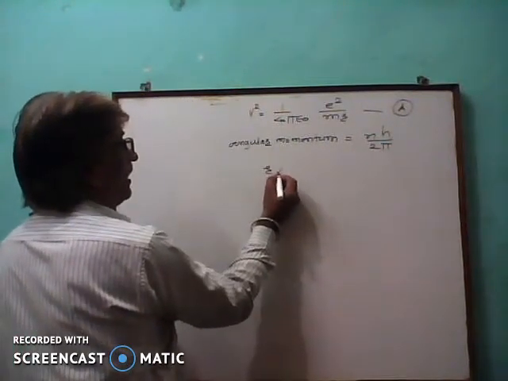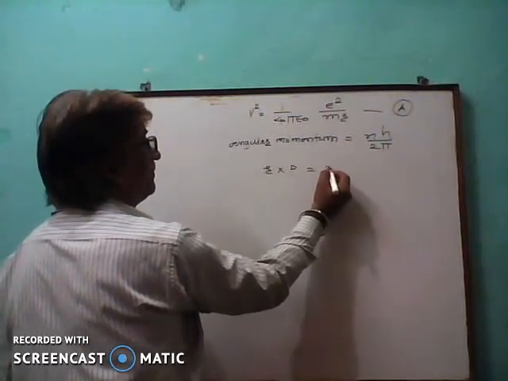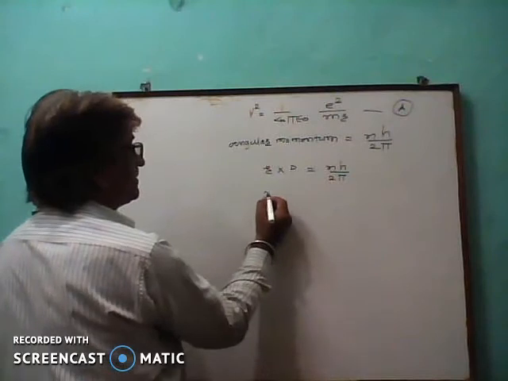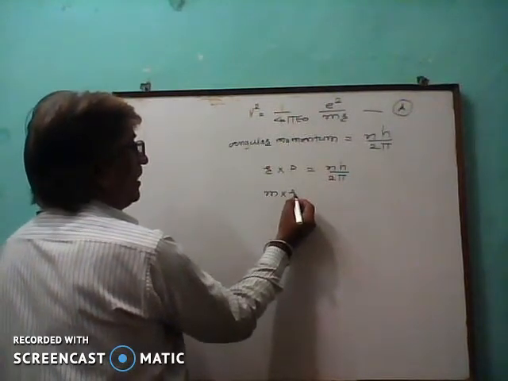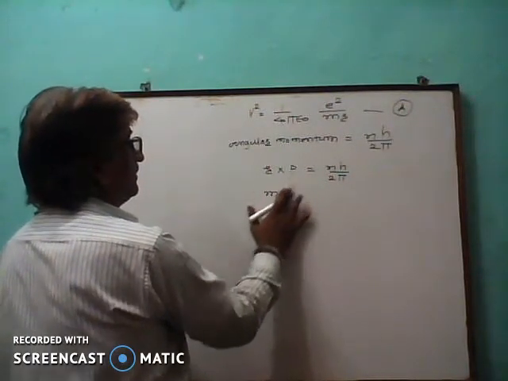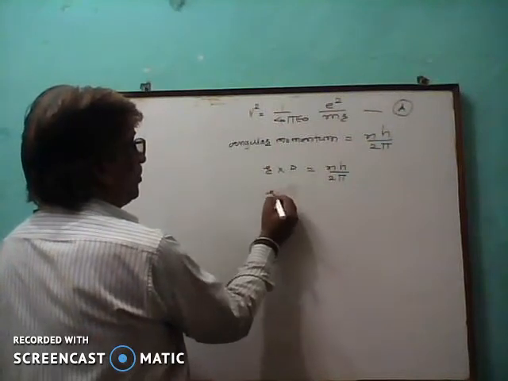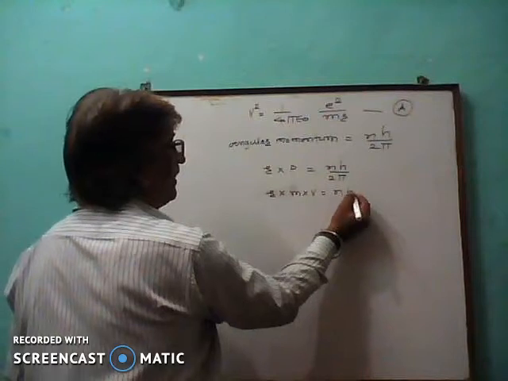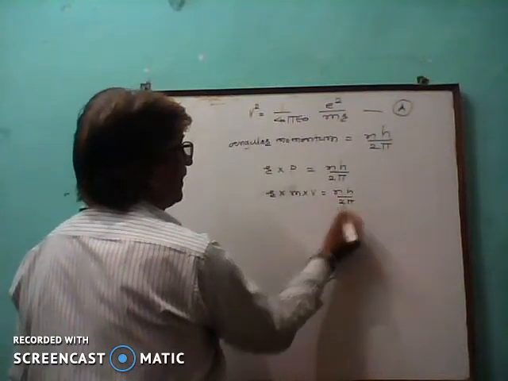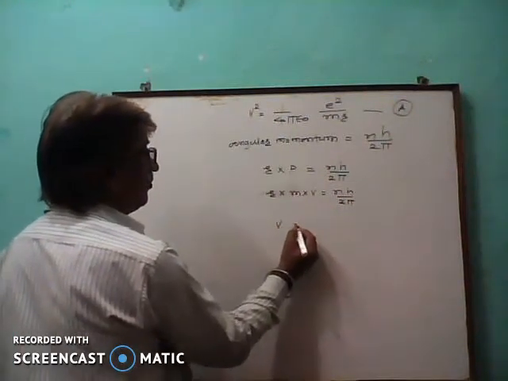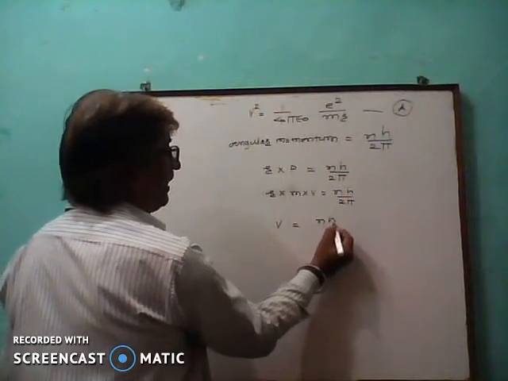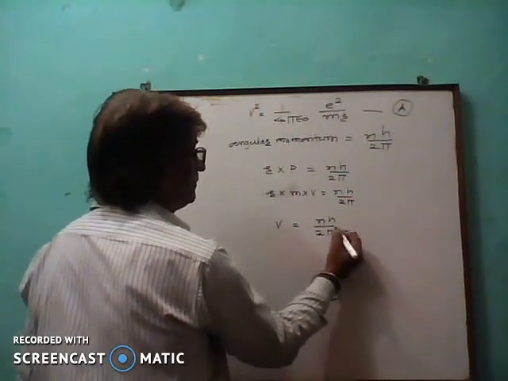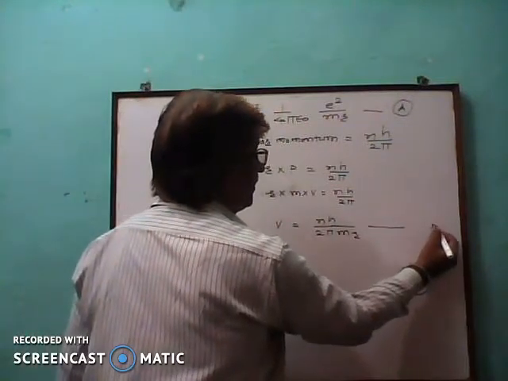Means r into linear momentum is nh upon 2 pi, means r into m into v equals nh upon 2 pi. Here we can find v equal to nh upon 2 pi mr. This is equation B.